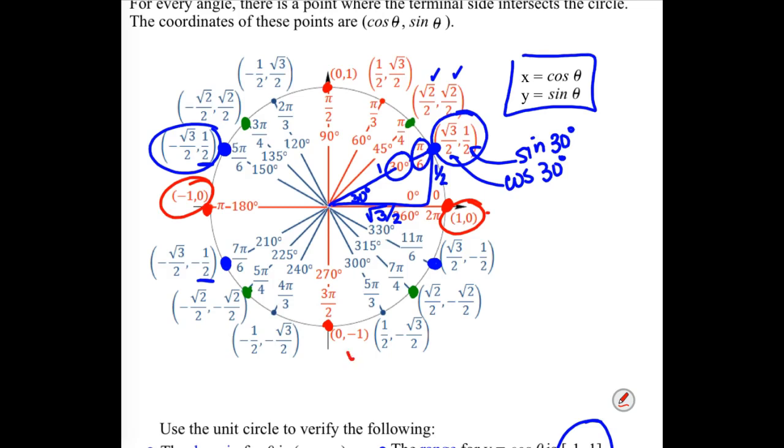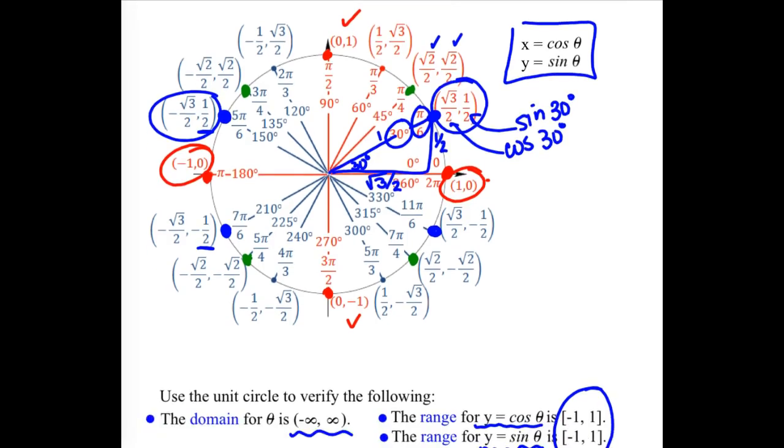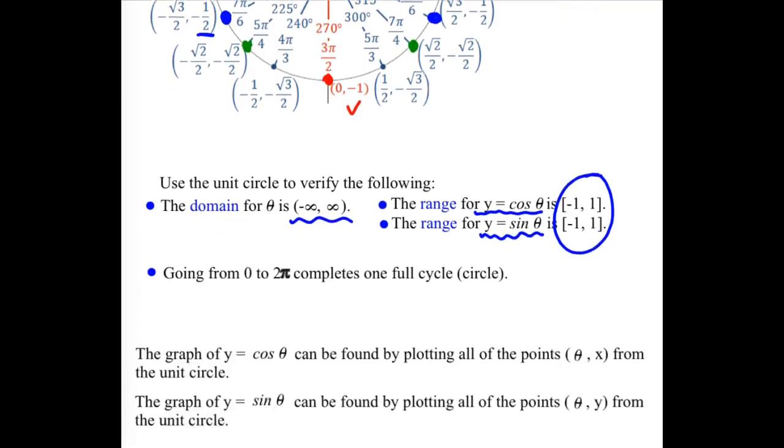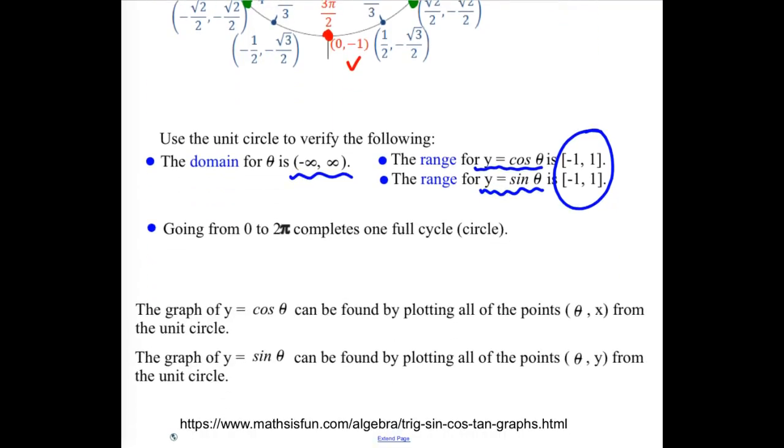Our y value is going from -1 to +1. So if we want our x or our cosine values, our cosine ranges from -1 to 1. Our sine or y values range from -1 to 1. Going from 0 to 2 pi completes 1 full cycle or 1 full circle.